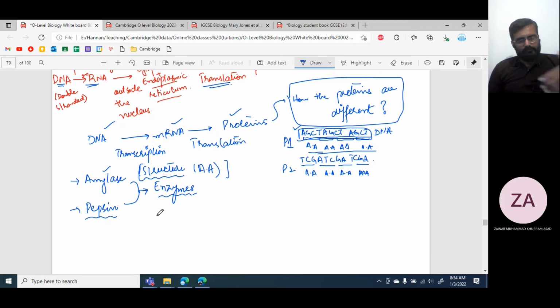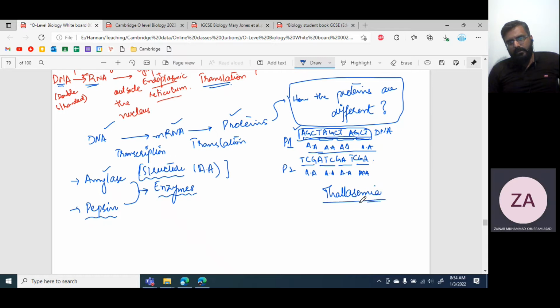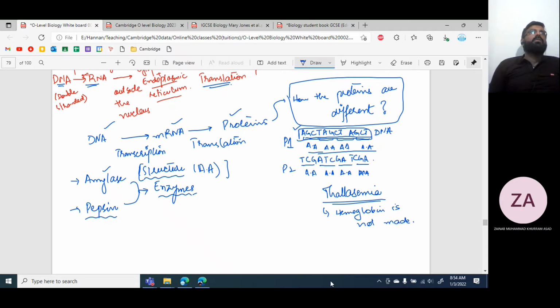For example, you know about thalassemia? I think you heard. Yes, it is a very dangerous disease in which hemoglobin is not made. Hemoglobin is not made, and these persons have to go to the blood bank almost 4 days a week, and they have to be donated blood.